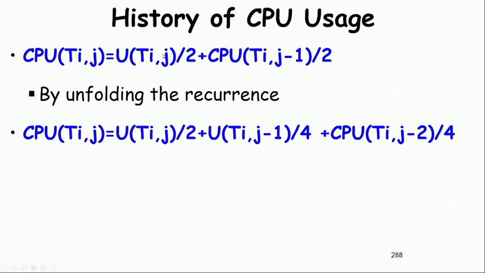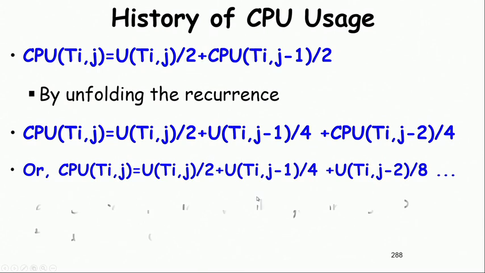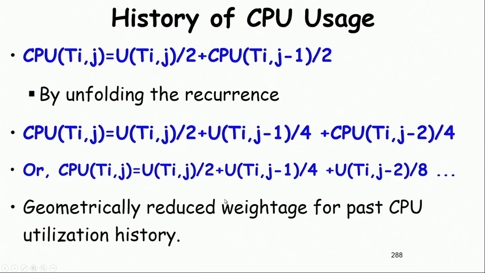If we unfold this recurrence, we see a geometrically decreasing weightage to the utilization over the different time instances. The last time instance is given 50%, the time slice before that 25%, then 12.5% and so on. So, this is a geometrically reduced weightage for past CPU utilization history, but you might be wondering why it has to do so.